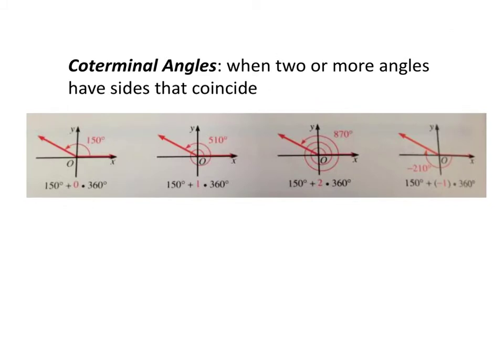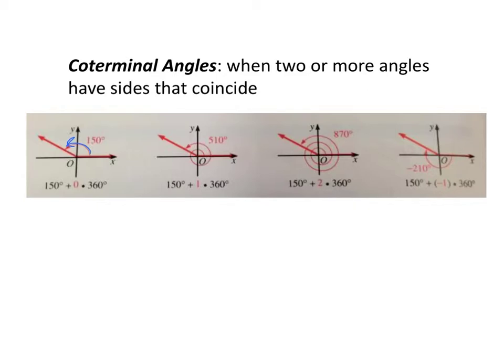Coterminal angles are angles that have both sides which coincide. There are infinitely many coterminal angles. You have to think of the terminal side of the angle like a hand on a clock, that it can continually rotate. And as it continually rotates beyond 360 degrees, the degrees are actually going to add up. So if you look at the first angle here, you've measured through 150 degrees.